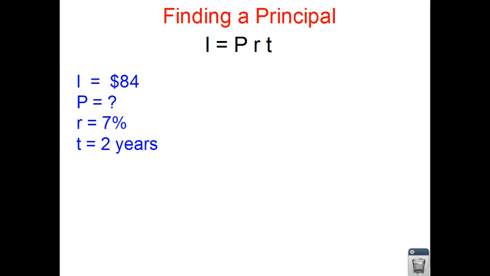So let's see, we have 84. Principal we don't know. The rate is 7%. And the time is 2 years. Okay.